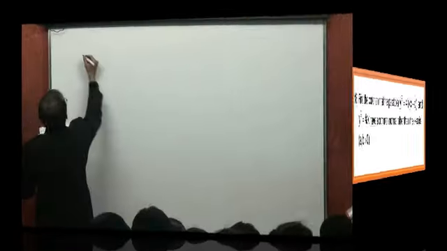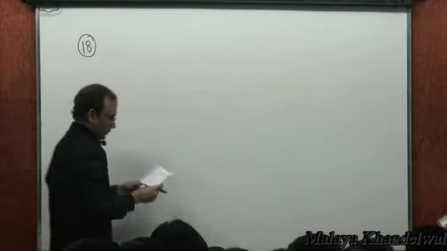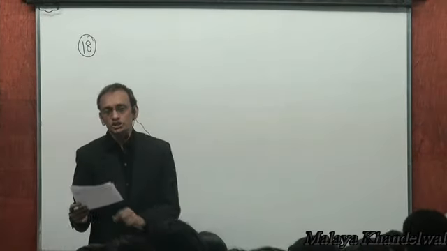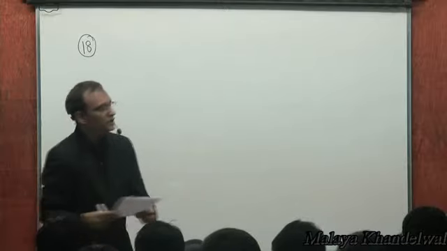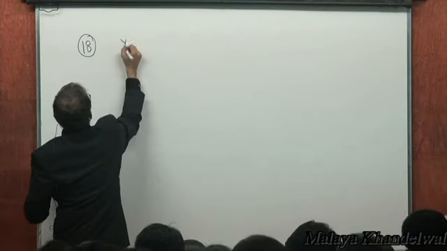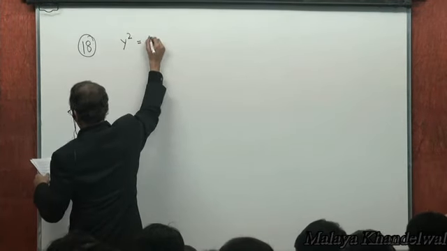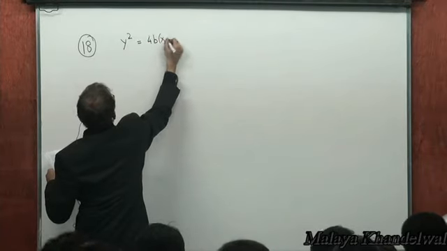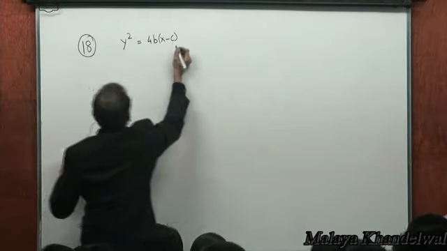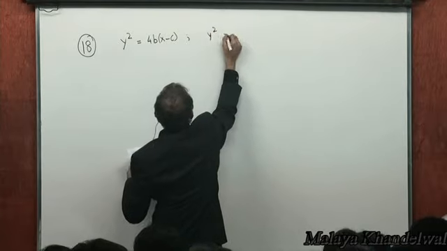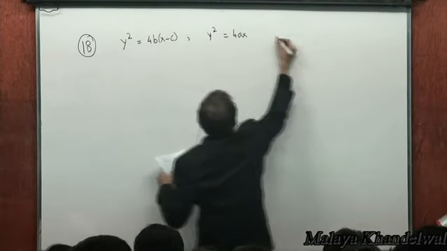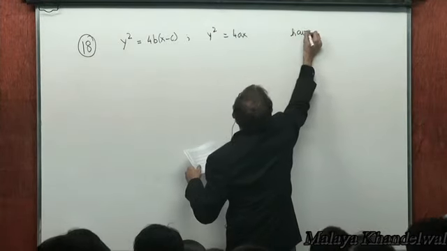Question 18. Find the condition so that the parabola y squared equals 4b into x minus c and y squared equals 4ax have a common normal other than the axis.